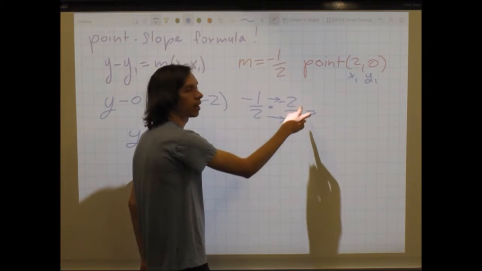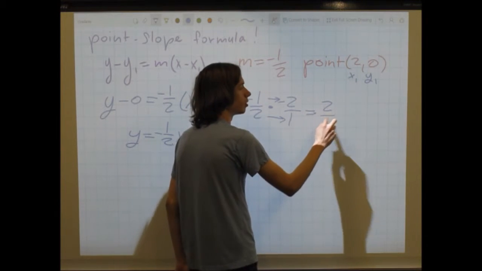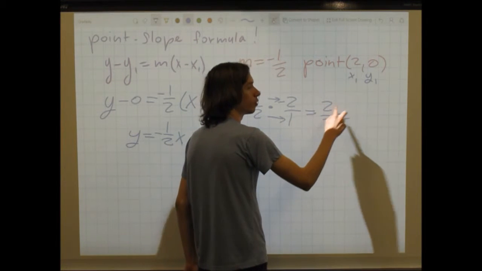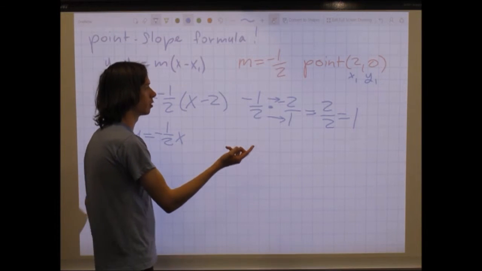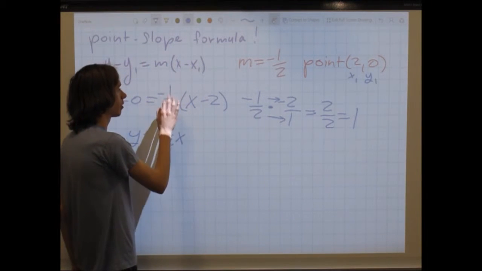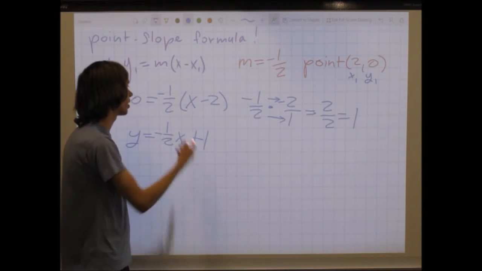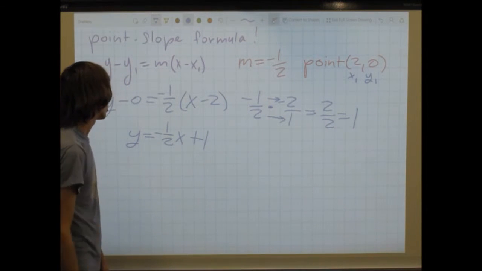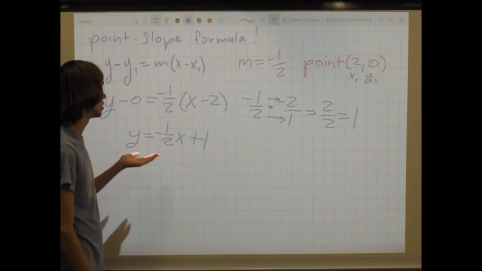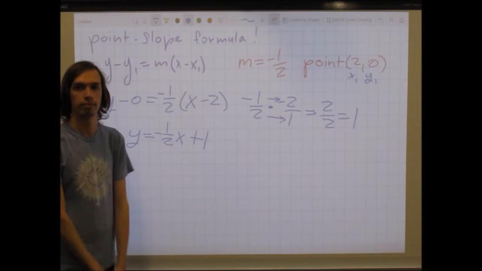Negative 1 times negative 2 is positive 2, and 2 times 1 is 2. So 2 over 2 is 1. Notice it's positive because we multiplied a negative number by a negative number. Another way to think about that is, half of 2 is 1. So the equation of this line would be y equals negative 1/2 x plus 1.